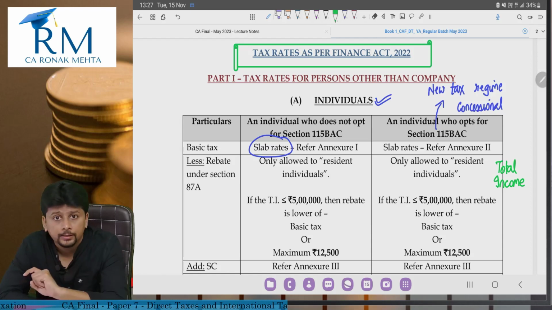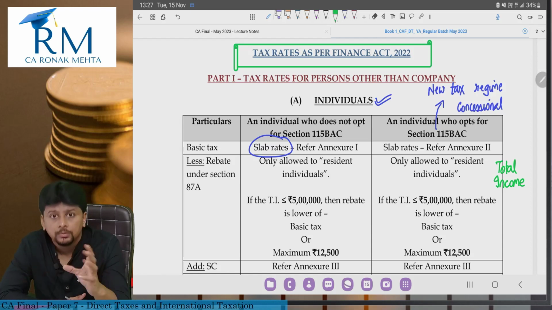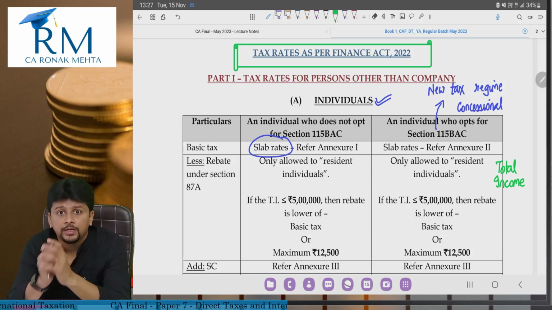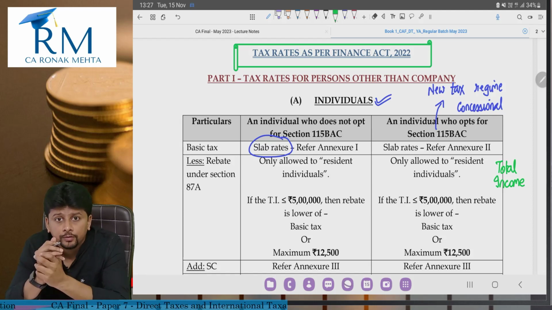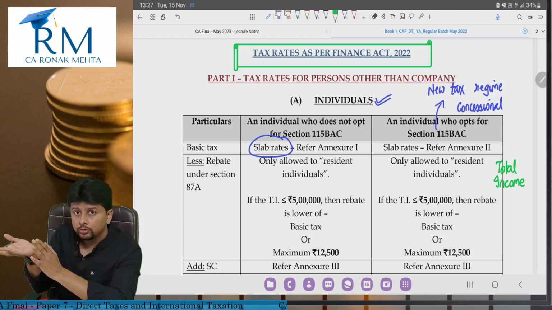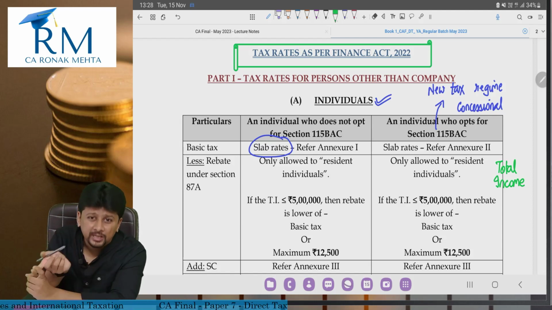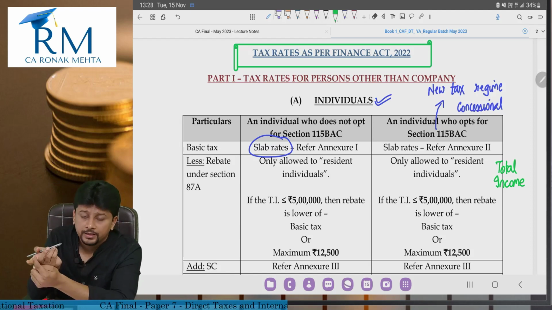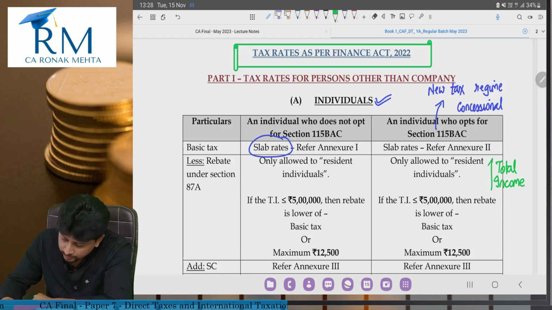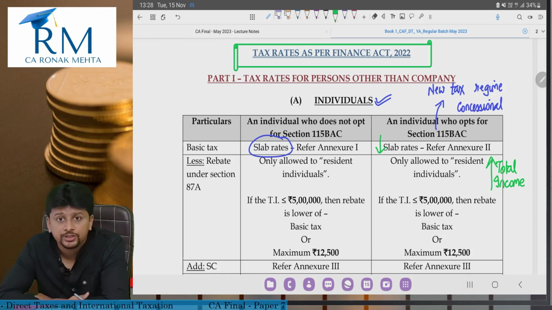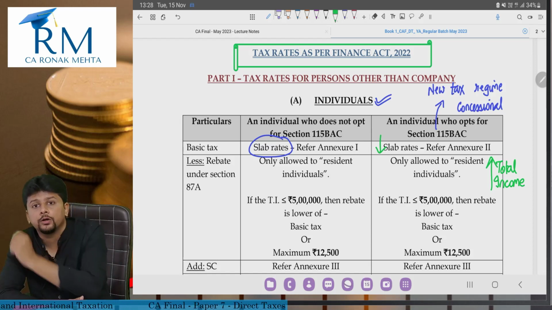This total income is without giving you deductions, without giving you exemptions, without giving you Chapter 6A deduction, without giving you the benefit of set off and carry forward of losses. So income automatically goes up if deductions, exemptions, and set off carry forward benefit are not given. Obviously income will increase. So rates are lower, concessional rates, but income is calculated on the higher side.